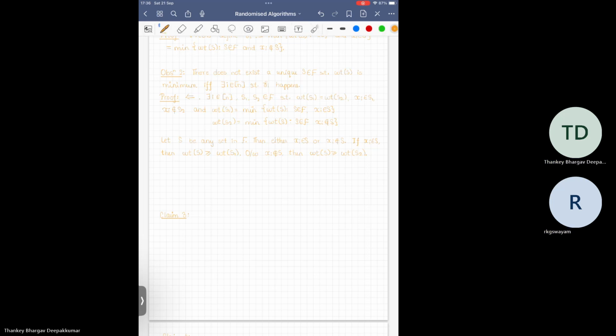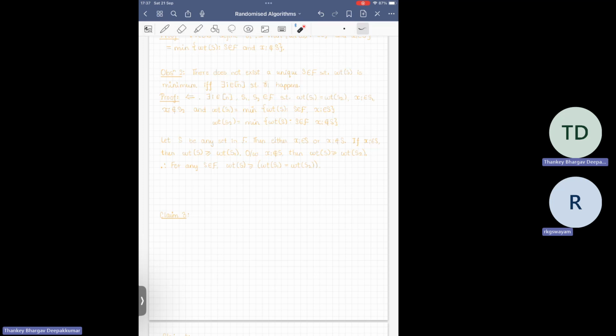Yes. Therefore, for any set S in F, I can write this because I've assumed that the event Ei happens, and so S1 and S2 have the same weight, right?